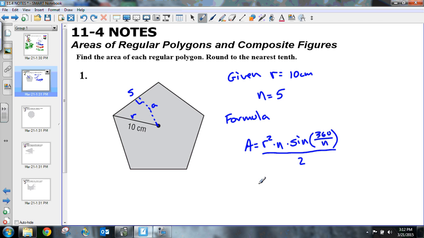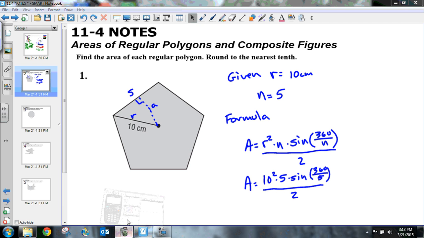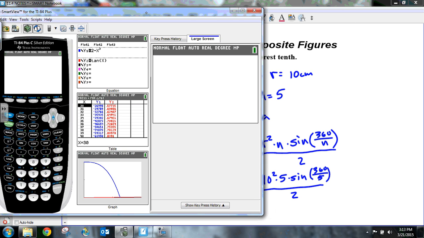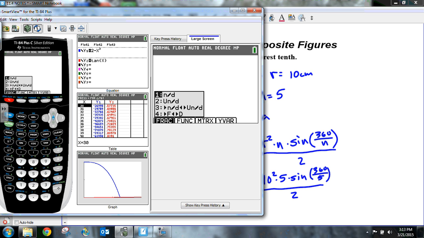Okay, so my area here is going to be, let's just plug these values in. I've got 10 squared times 5 times sine of 360 divided by 5, and I'm going to divide that by 2. So let's go to our calculator and plug this in. I'm going to do alpha y equals to give me a fraction.